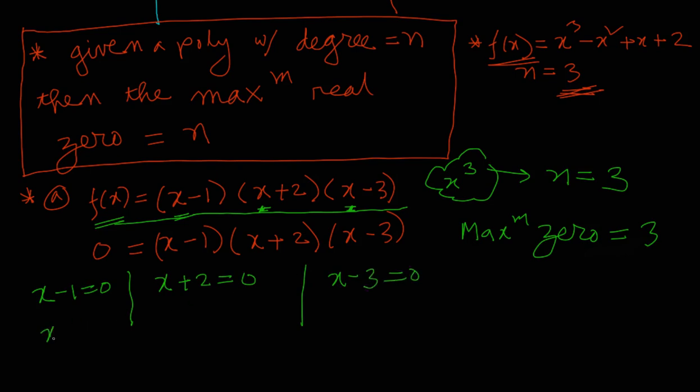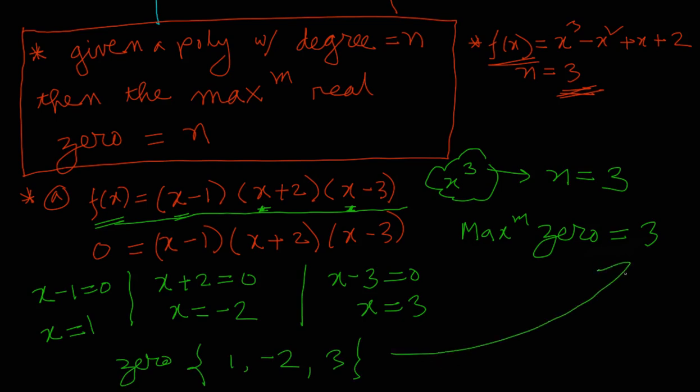So I got x = 1, x = −2, x = 3. These are the zeros of this polynomial: 1, −2, 3. So in total, how many real zeros did I get? 3, and that's the maximum. Okay, so this is our first problem.